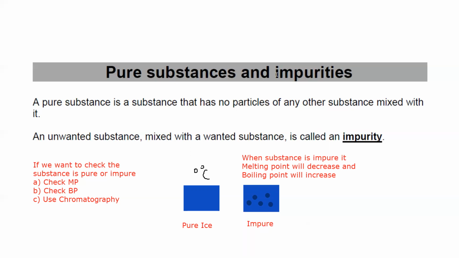If the impure ice is there, what we will observe is it will melt at a lower temperature. So for example, if pure ice is melting at 0, what is lower than 0? It's like -1, -2. So it will melt at -2 or lower than that.